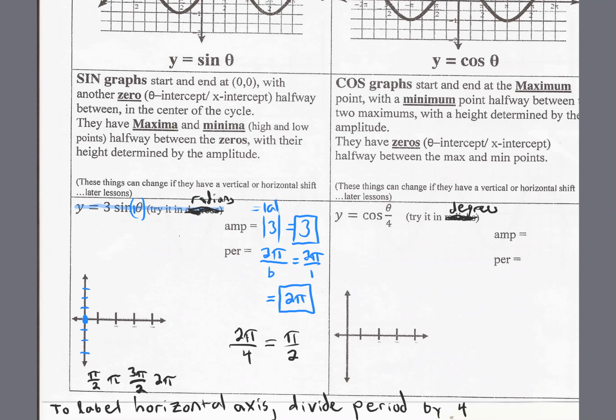Okay, if you remember from the 19.0 notes, when you're graphing sine and A is positive, here it's positive 3, you go a 0, then a max at the next hash mark. So it goes max, then 0, then min, which would be down 3 using the amplitude, and then you go to a 0.